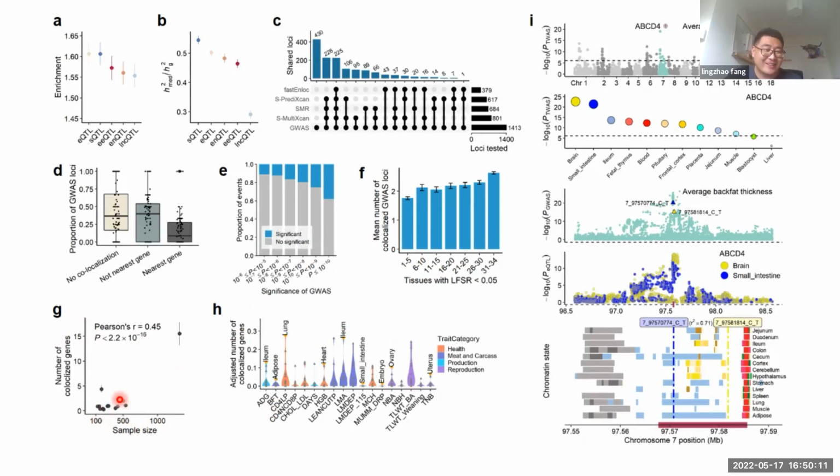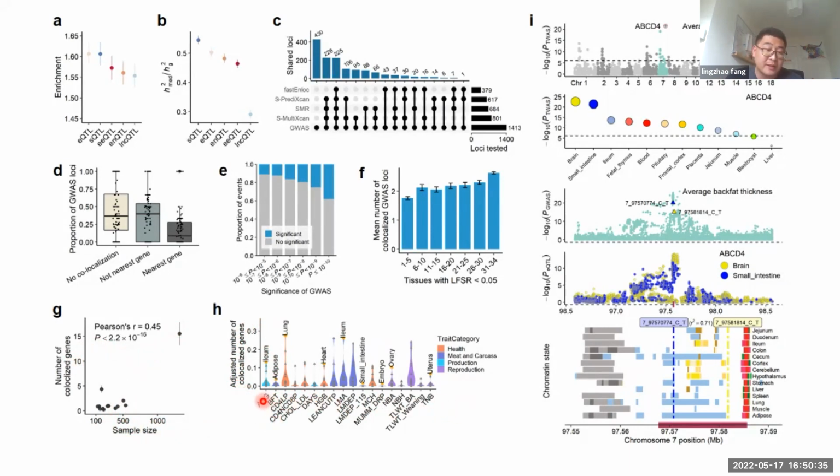Okay, continue. The increase in eQTL sample size can give you higher power for co-localization events. So if you want to detect the most relevant tissue, you need to adjust for this sample size. After adjusting for sample size, we take some complex traits as examples.